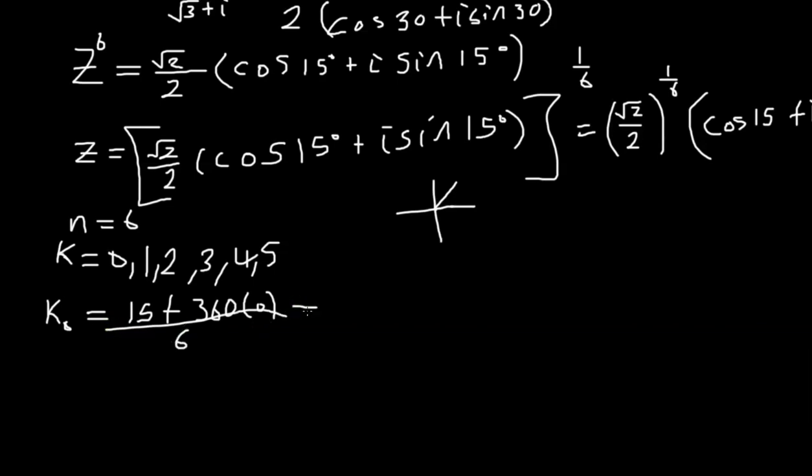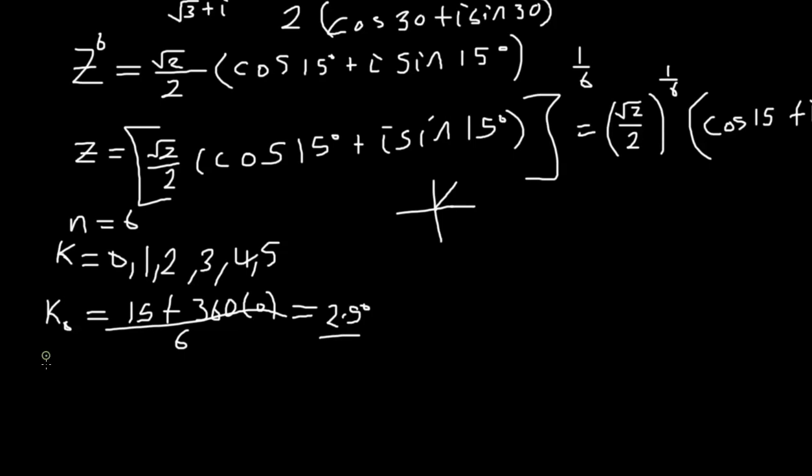So 15 divided by 6, you get 5 over 2 degrees, or if you don't want 5 over 2, you can write 2.5 degrees. So this is going to be your k0.